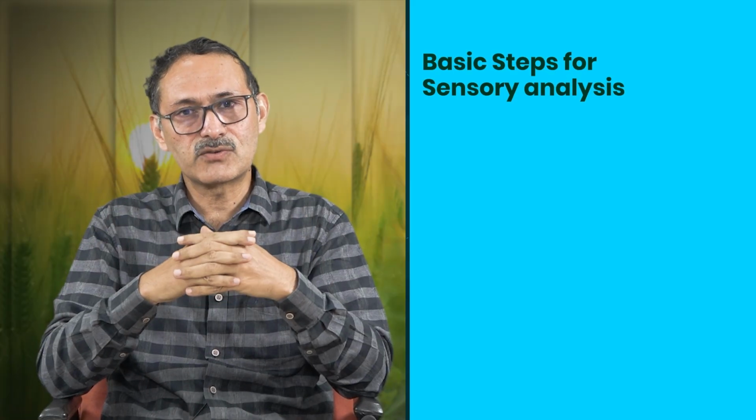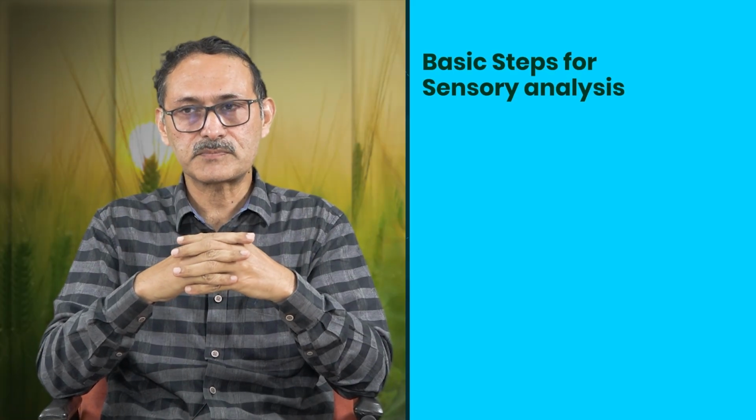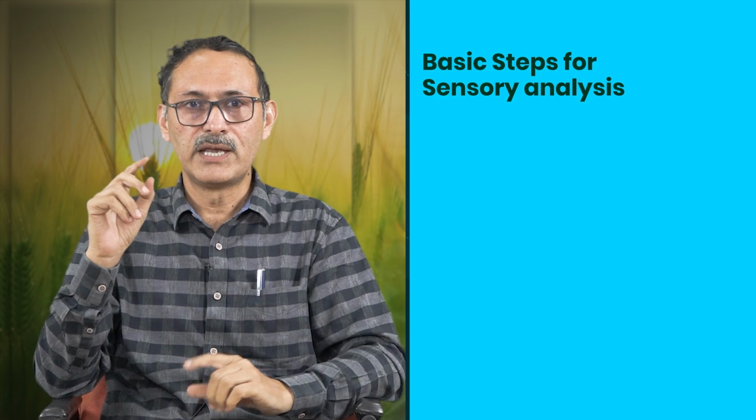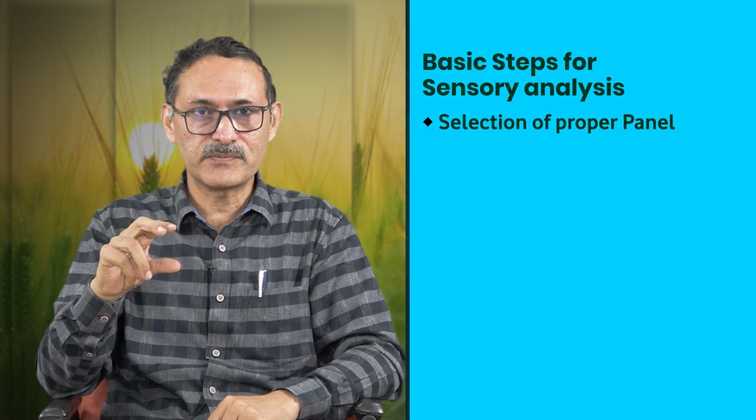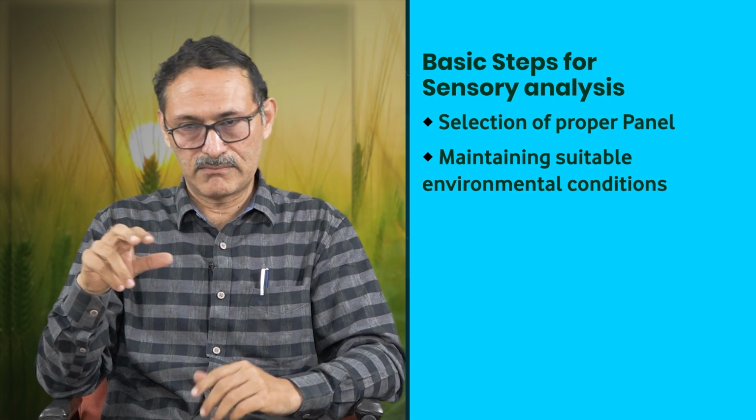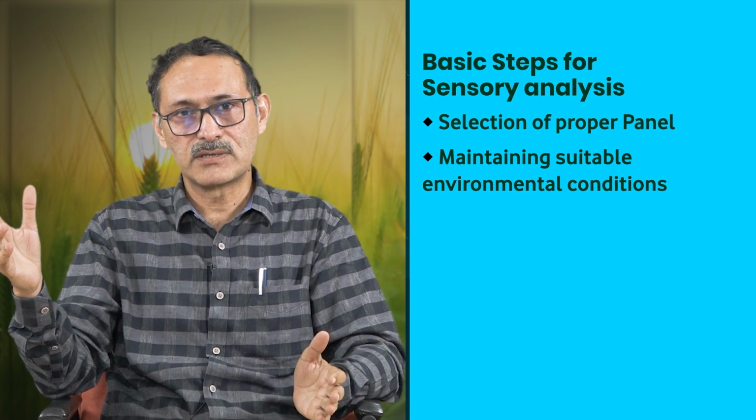After understanding the attributes, we'll look into the steps of what sensory evaluation actually is and how we actually go for sensory analysis. For this process, it is important to have proper selection of the panelists and to maintain suitable environment conditions. Say, for example, if you are right in the kitchen and you want to taste, it can have the influence of different other flavors.